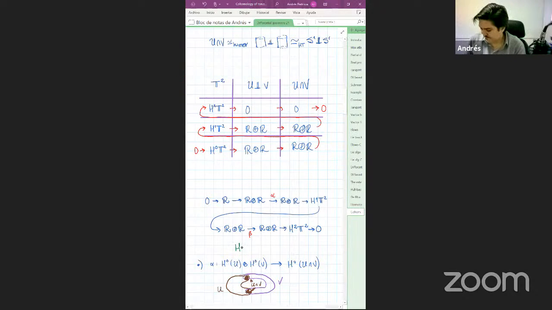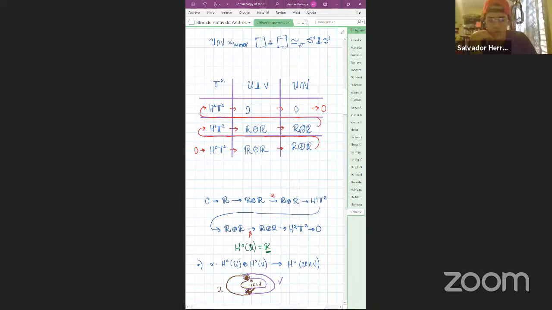So H0 of U is R, but what does it mean every number here? If I take the number 3, what does it mean regarding the manifold U? I think they were functions that were locally constant.